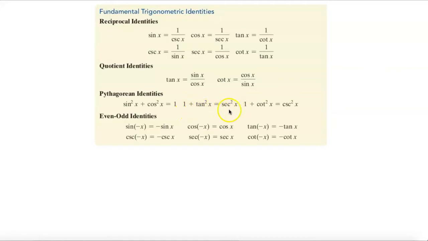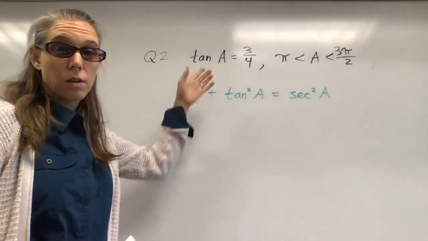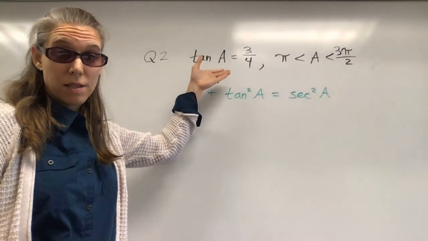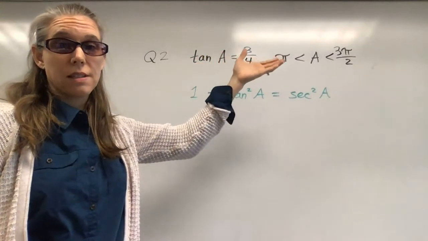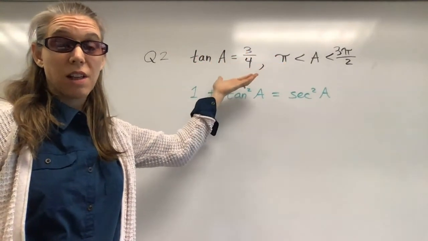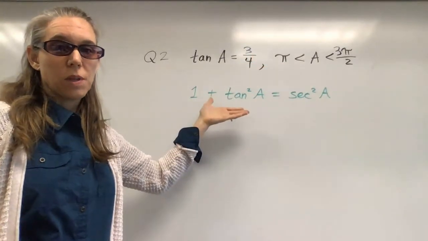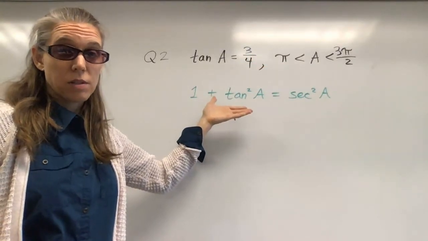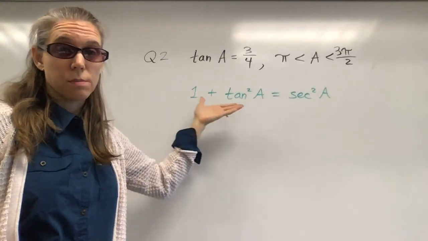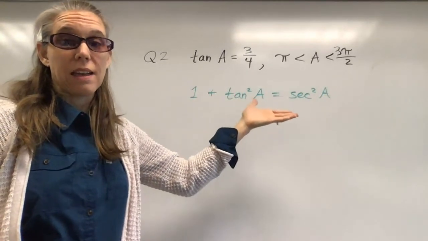So this is the Pythagorean identity that we want to use in this problem. So here with question 2, we are provided with tangent. We are told that the angle A is in the 3rd quadrant. And since we need to find secant, we're going to find this identity that includes both tangent and secant.